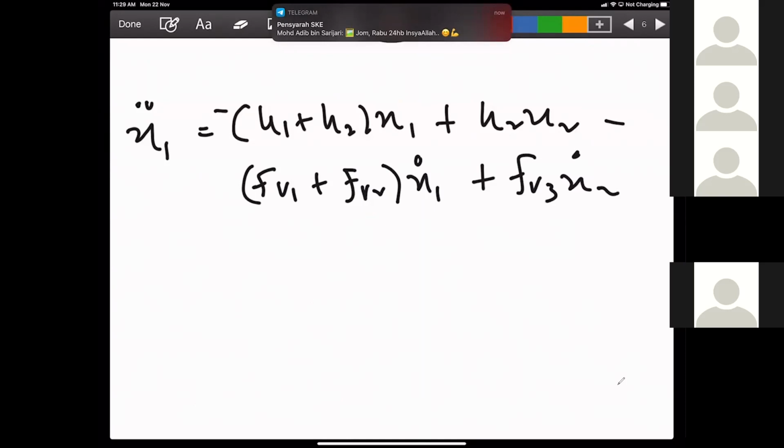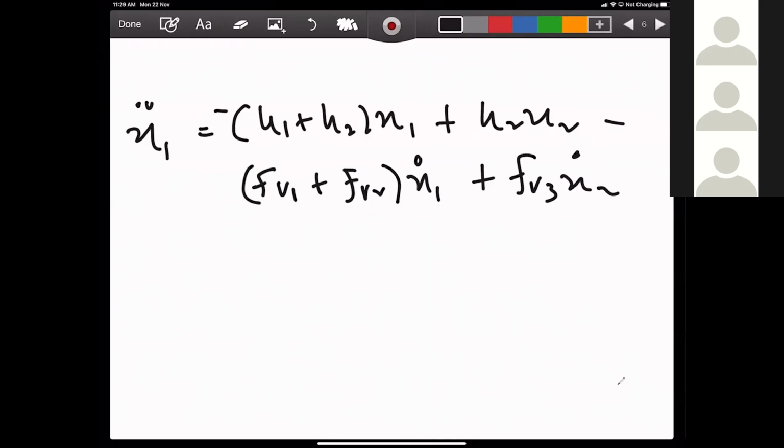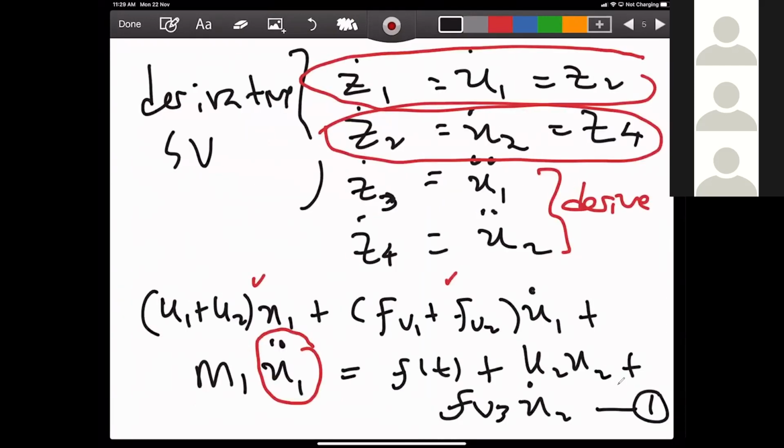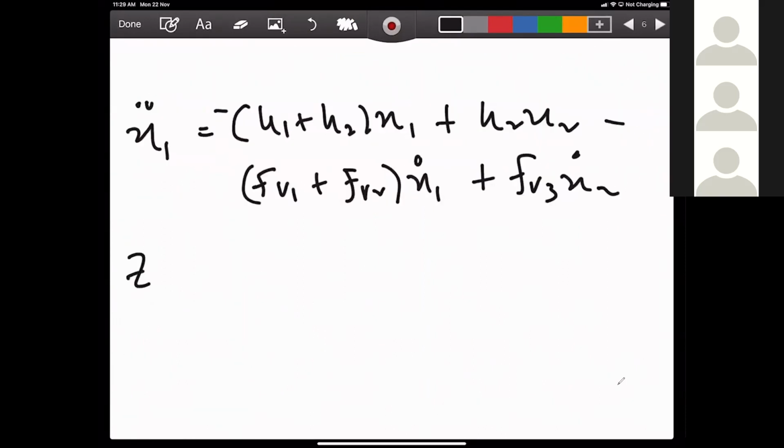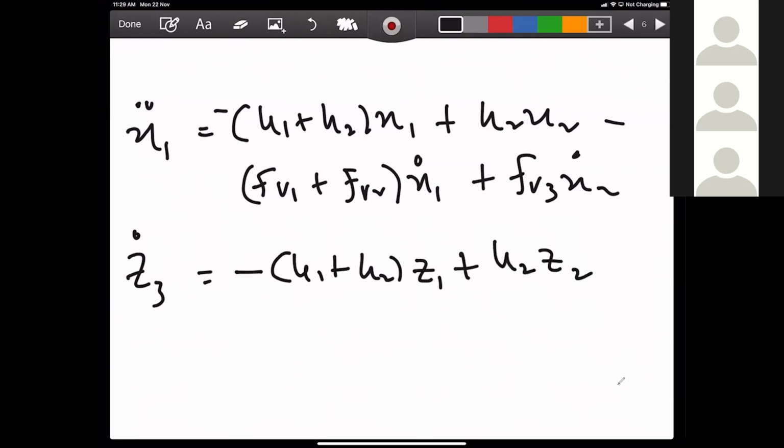Can you see? Boleh? Ya, doktor. So sekarang ni state equation yang ketiga, which is this one yang kita nak cari, Z3 dot is equal to minus K1 plus K2 Z1, betul? Plus K2 Z2, betul?